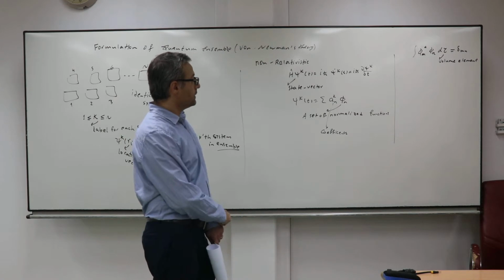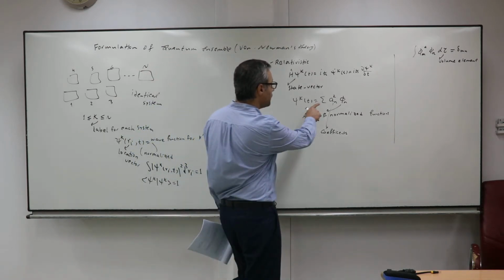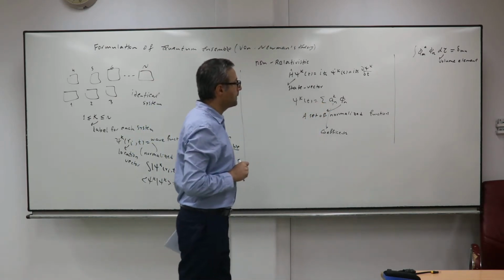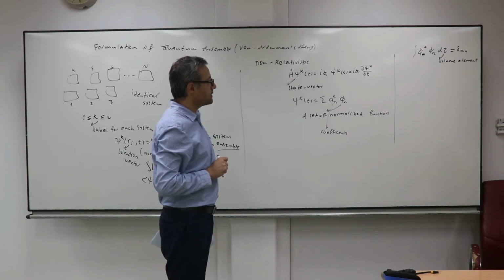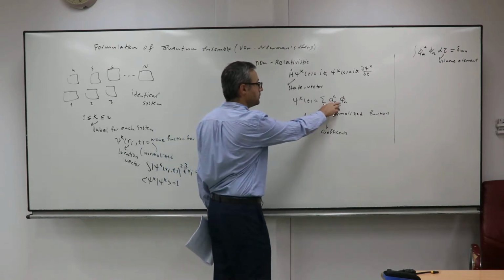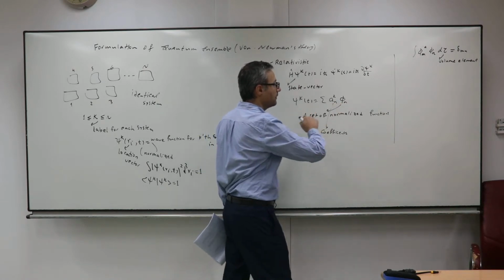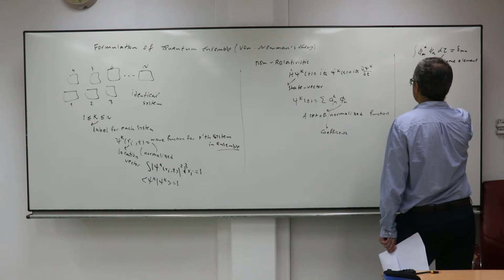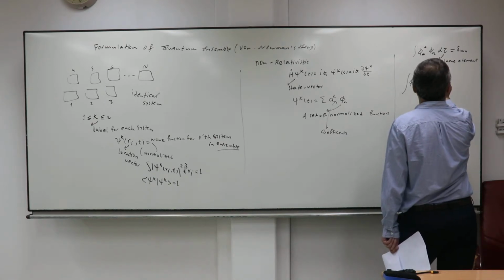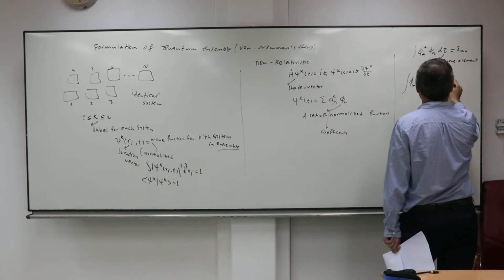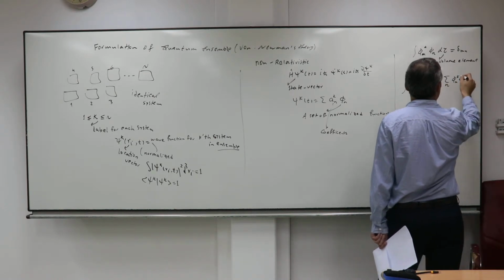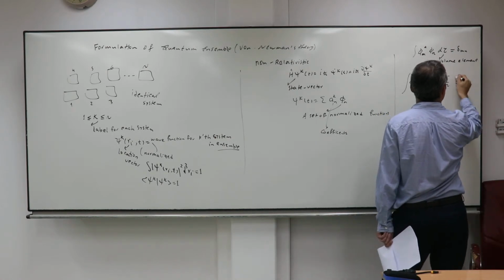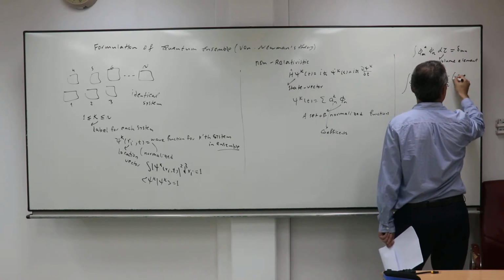So this orthogonality condition can be used to find the coefficient here. How will you do it? You just multiply both sides by phi_m star. So the integral of phi_m star psi_k is the sum over n of a_nk times the integral of phi_m star phi_n.